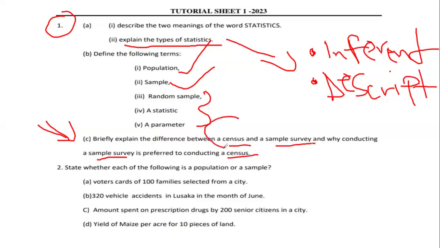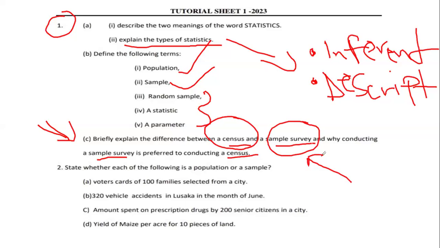So what is a census? Anyone? Even general knowledge you can use here. What is a census? Yes, go on. Census is the process of obtaining measurements on the whole population.